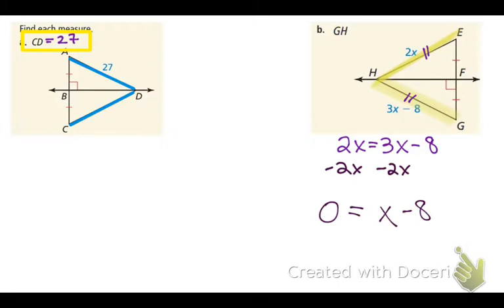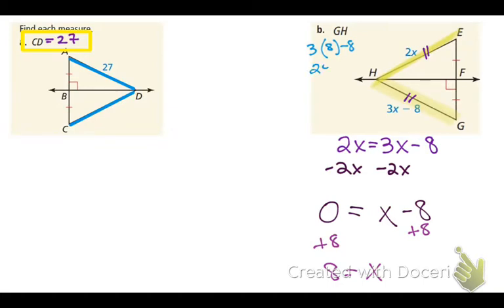All right, what do we do next? Add 8. So x equals 8. Is that what it asked for me to find? Nope. We plug it back in for GH. Currently, GH is 3 times x minus 8. What's 3 times 8? 24.